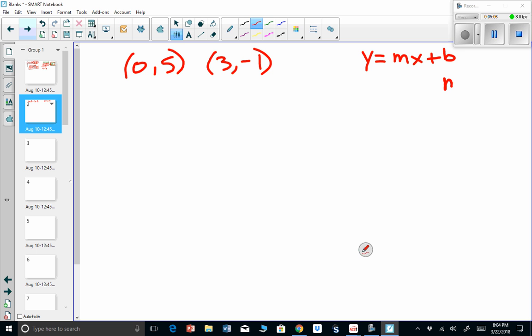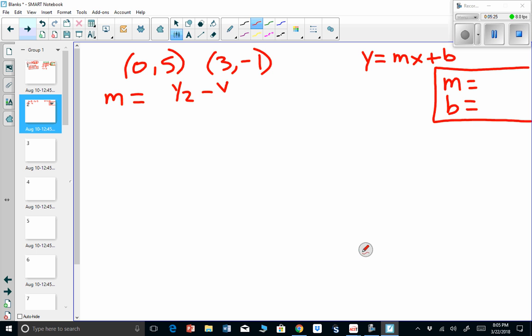Those two things are m and b, where m is the slope and b is the y-intercept. We know how to find the slope by using the slope formula, which is y sub 2 minus y sub 1 over x sub 2 minus x sub 1. Remember that this is x sub 1, y sub 1, x sub 2, y sub 2.